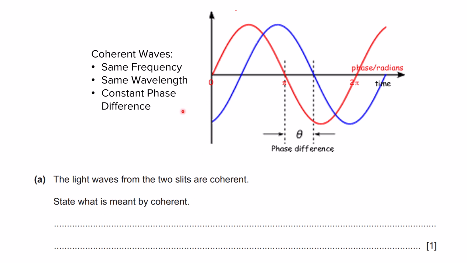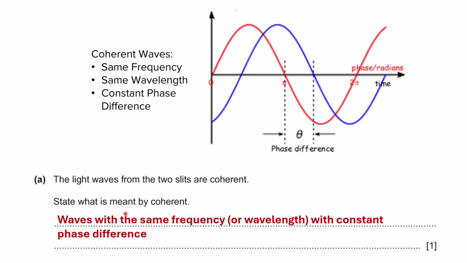So in this picture here I have two waves, a red and a blue. They have the same frequency, they have the same wavelength, therefore they have a constant phase difference. So coherent are waves with the same frequency or wavelength with constant phase difference.